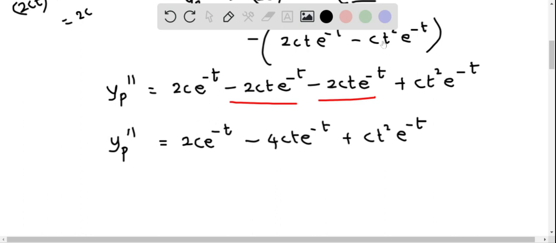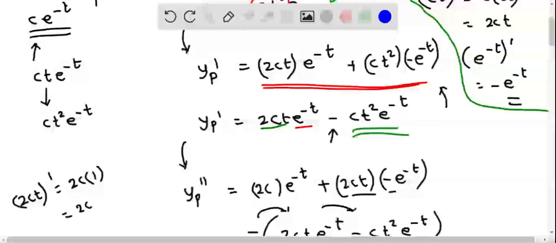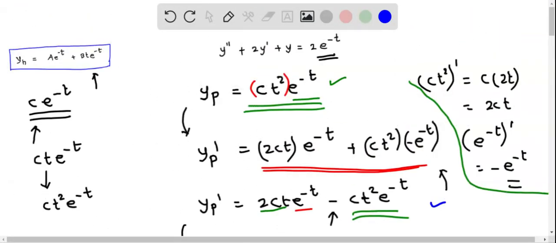Now all that we do is we take these two derivatives as well as the yp, that is we take this second derivative that we have found as well as the first derivative as well as the yp equation, and put it into this original differential equation.